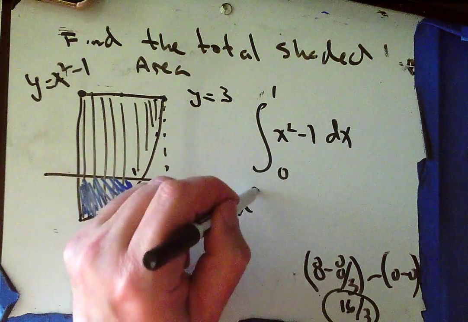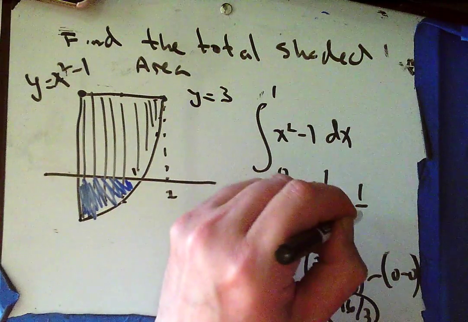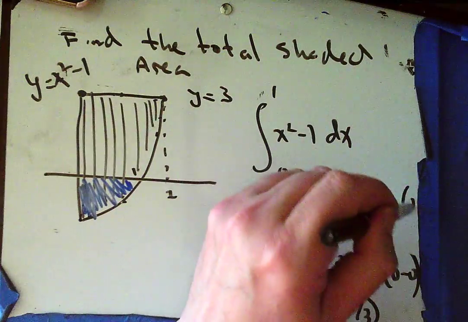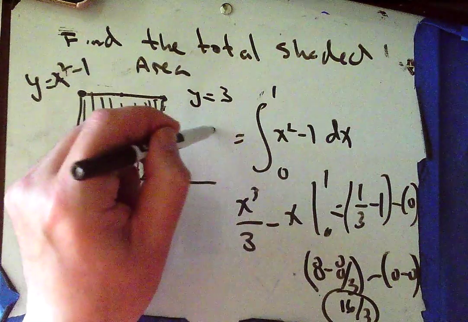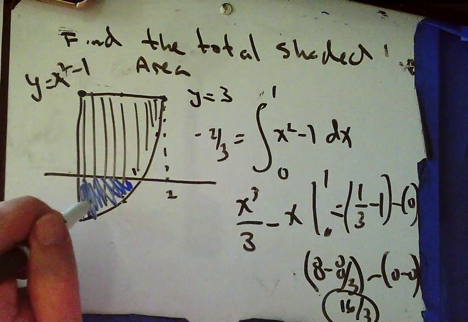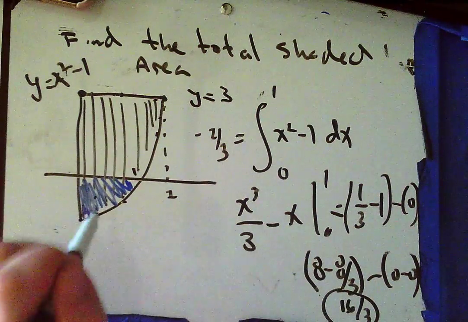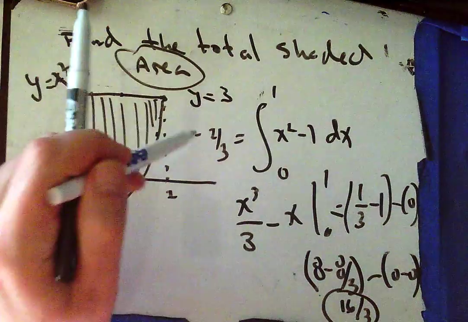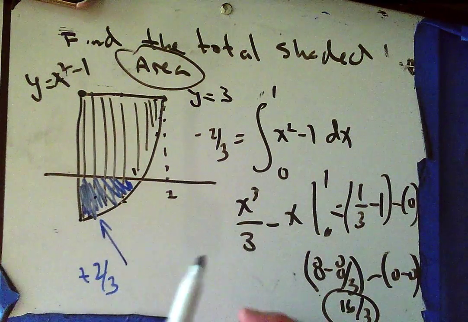Okay, so that's going to be x to the third over 3 minus x from 0 to 1, 1 third minus 1 minus 0. Well, so that turns out to be negative 2 thirds. But wait a second, we expected that integral to be negative because it represents this below the x-axis. But we're talking about area, so I have to remember that this is going to be positive 2 thirds.